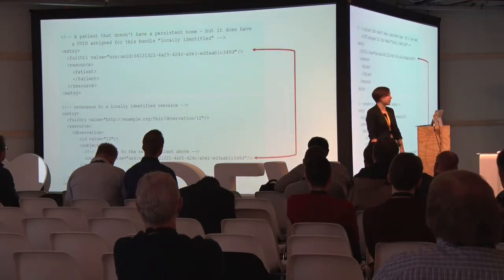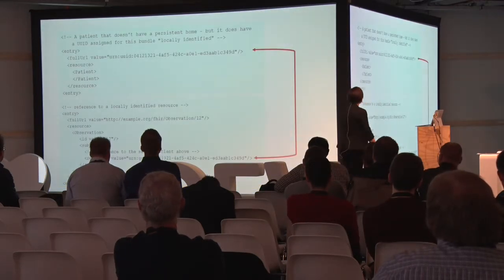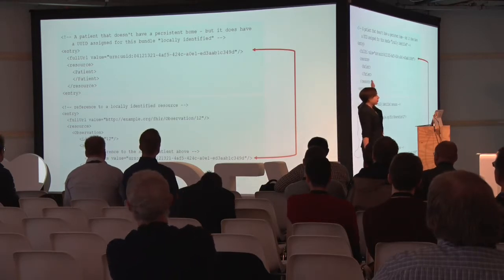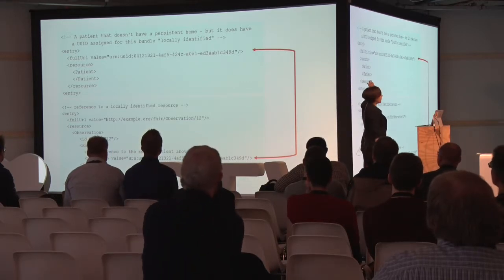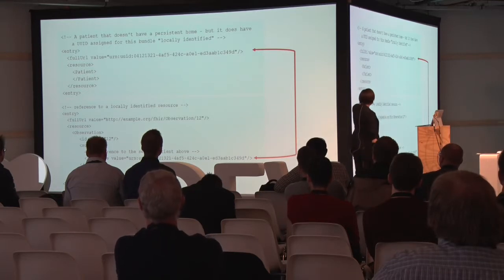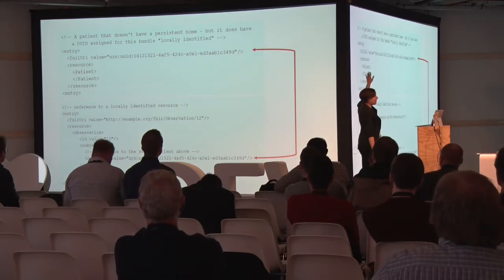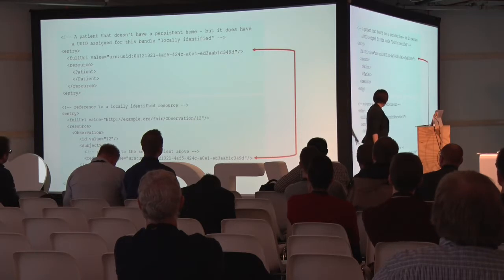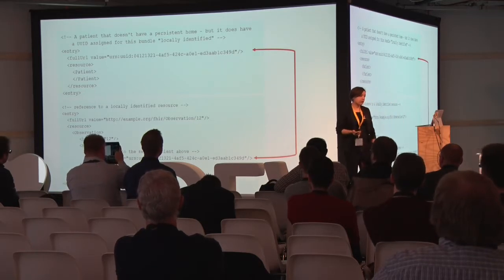So for us, that means we just create a random UUID, put it in the entry.fullUrl, and then later down, when we want to reference that entry of the bundle, we just use the UUID as the target for that reference.